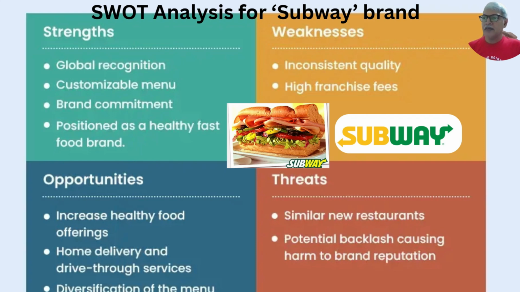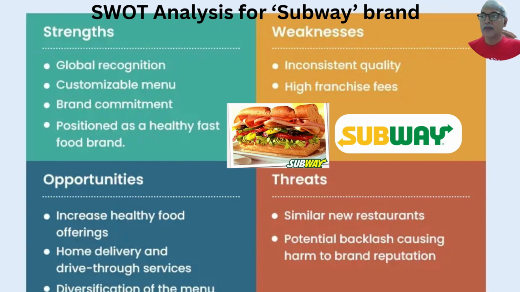Subway has global recognition. Its menu is almost standard in almost all areas. The commitment is exactly the same everywhere, that is, they are selling half-foot long or full foot long sandwiches, and they are also positioned as a healthy fast food brand.